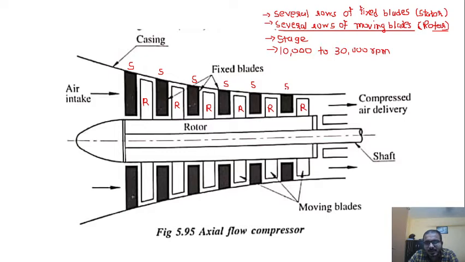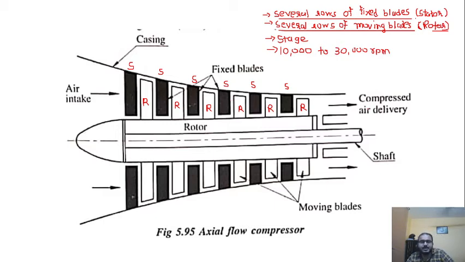The stator blades are the fixed blades which don't rotate. In this way, a combination of stator and rotor continuously forms the entire axial flow compressor. And here you can see that the flow of air is from left to right.